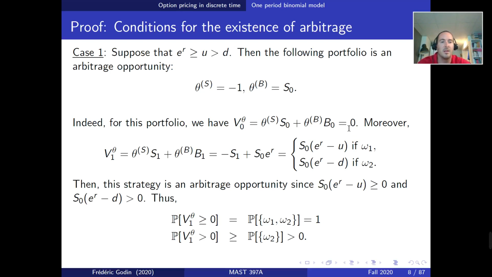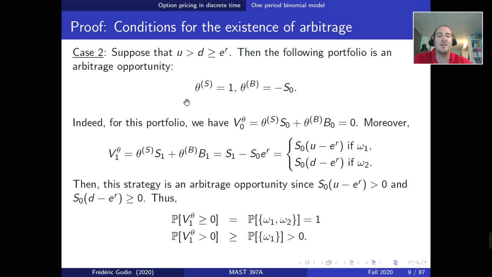So this contradicts our original assumption we make when we price derivatives, that there's no arbitrage on the market. So we saw that if exponential of r is greater or equal to u, then there are arbitrage opportunities on the market.